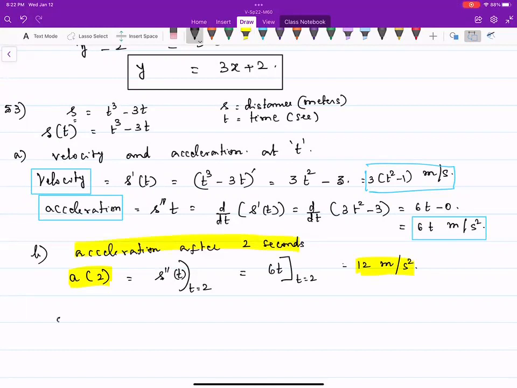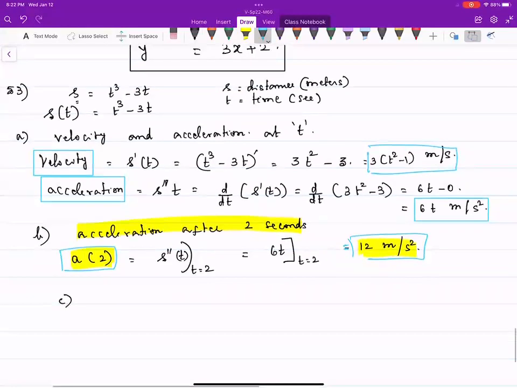Now what is part C? Find the acceleration when the velocity is 0.